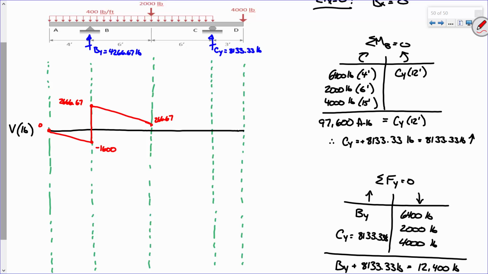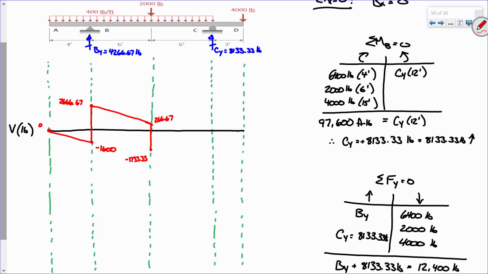So probably somewhere about right there. Put that right here. Does that make sense? Any questions? All right. Now we keep going.